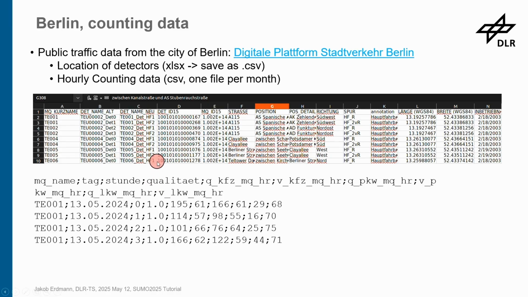And we have counting values for different types of vehicles. Mainly the individual transport, this is PKW, and then we have trucks, LKW.